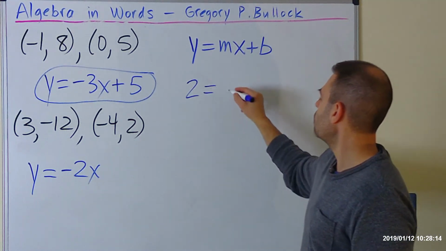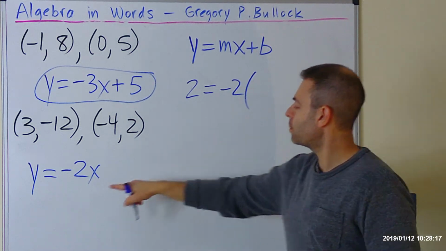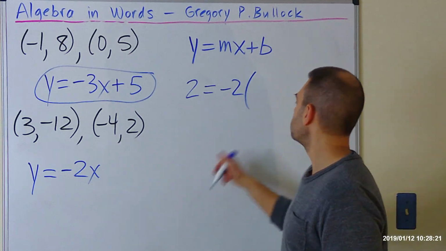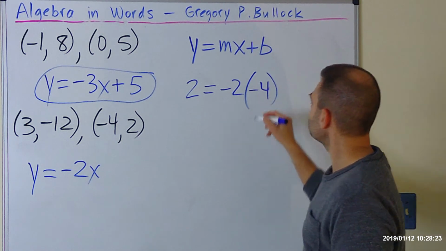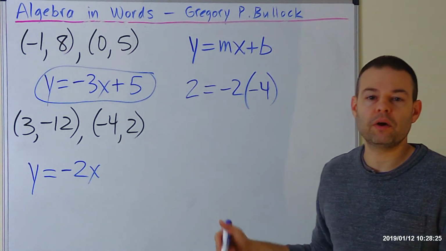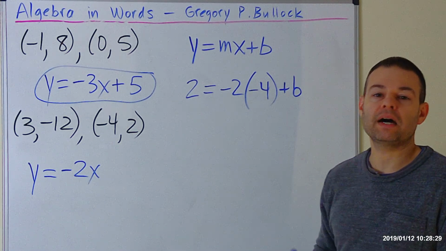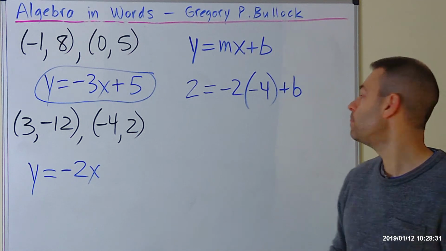We already know the slope, which is -2 from here. We calculated that before. And we're going to put -4 in for x, and plus b, because that's the unknown in this case.